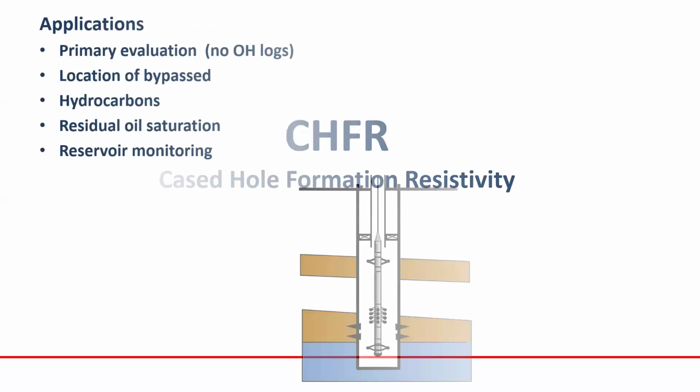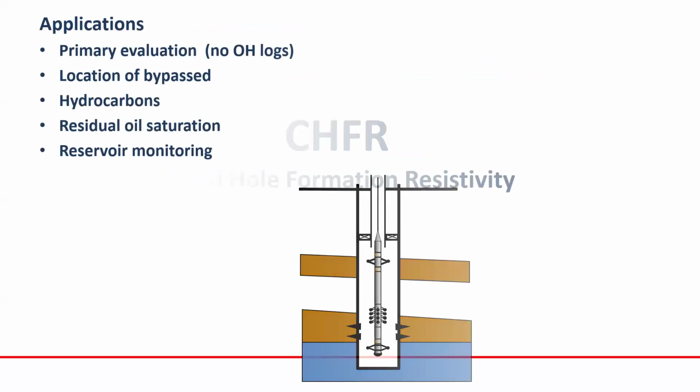The last one is cased hole resistivity. Cased hole resistivity is a technique that uses resistivity inside the casing. This is a primary evaluation tool, and if you have wells with no open hole logs, you can use this one. It's used for location of bypassed oil.